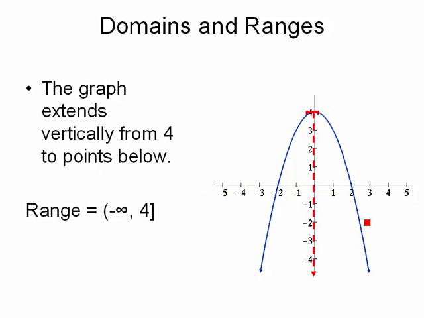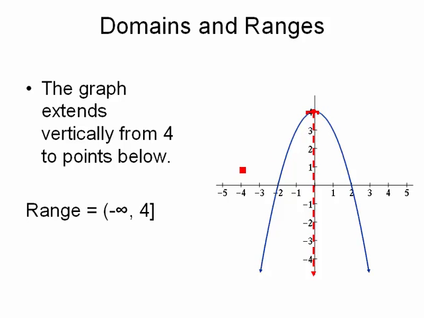Now the range is how it extends up and down. And certainly because these arrows are going down, we know it goes infinitely far down, so that's where that minus infinity came from. But it doesn't continue to go infinitely far up. In fact, it stops at 4, and it includes 4, and sometimes you'll see a little dot there to show that.